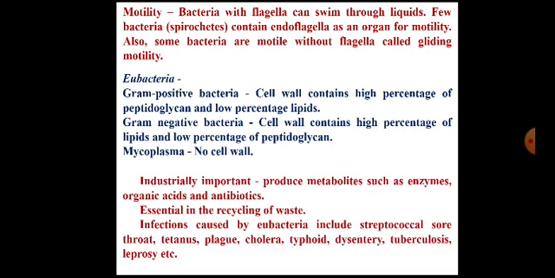Examples of eubacteria are the bacteria which are important in industries, important in fermentation technology, industrially important bacteria that produce alcohols, antibiotics, organic acids, enzymes, fermented food products like curd, yogurt, cheese, etc. Examples of eubacteria also include the bacteria essential in digestion of waste material or recycling of waste.